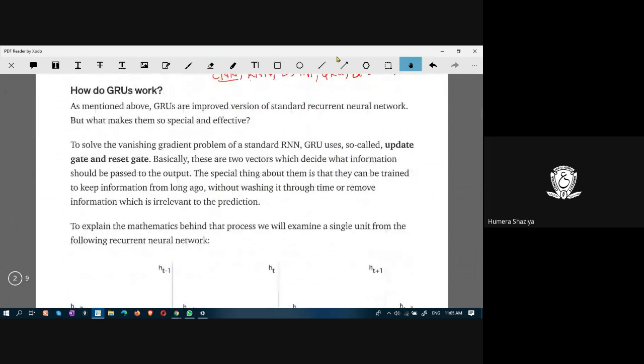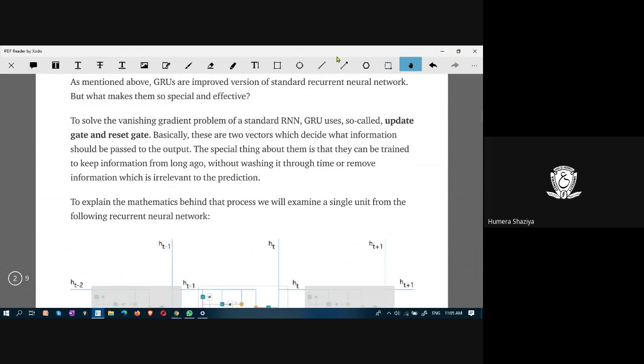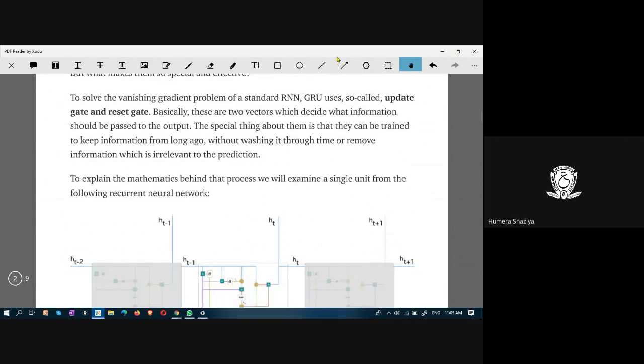And how does GRU work? You can call GRU an improved version of standard recurrent neural networks (RNN). And how is GRU different from RNN or LSTM?